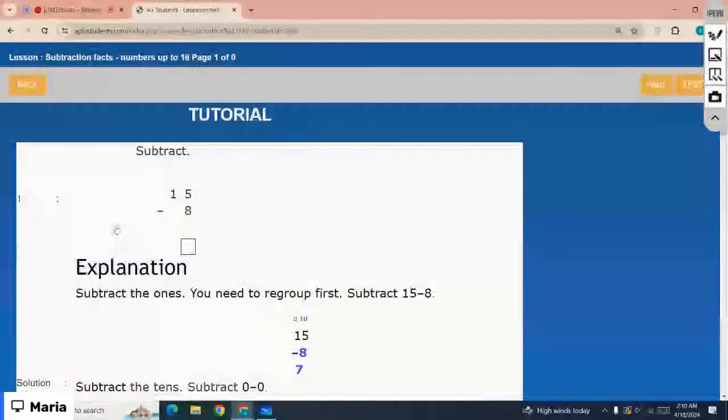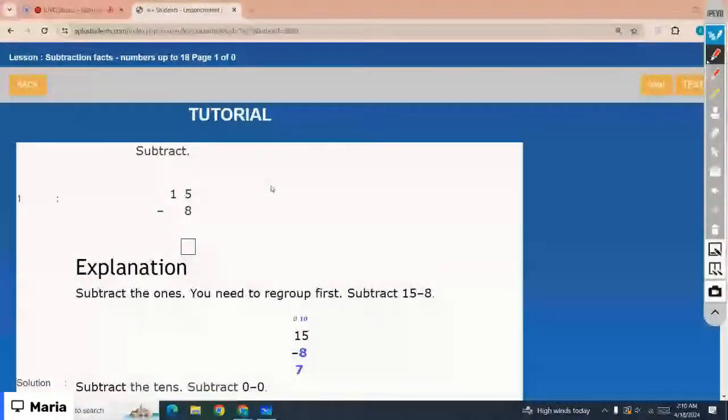Okay, the first one is 15 take away 8. You have to do exactly the same thing, right? But you cannot subtract 8 out of 5 because 5 is a smaller number and 8 is greater one, right? You cannot subtract a greater number out of the smaller one. So you need to borrow 1 from the next digit. You already have 1 as a next digit, right?